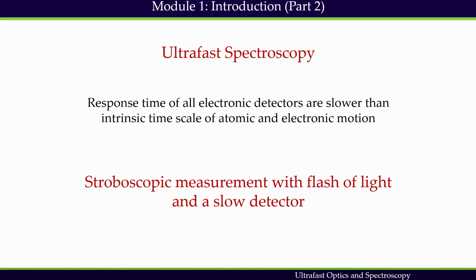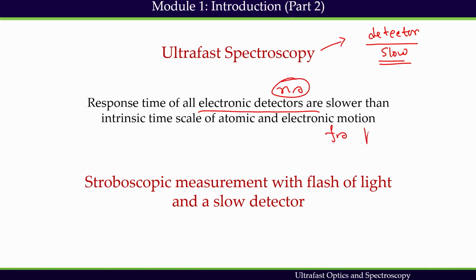For ultrafast spectroscopy, I need a detector, and we see that this detector is going to be slow, because the response time of all electronic detectors is actually nanosecond, which is much slower than femtosecond vibrational motion, picosecond rotational motion, or attosecond intrinsic electronic motion.